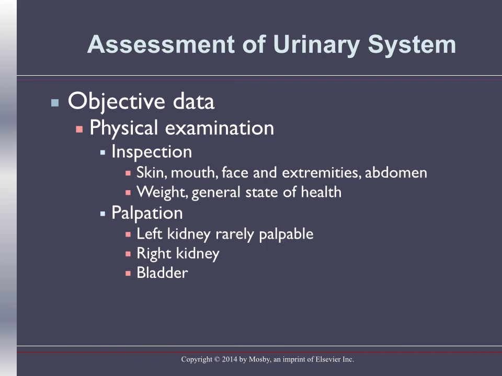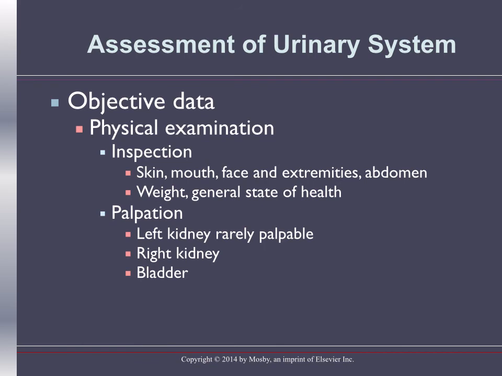Left kidney is rarely palpable. The kidneys are posterior organs protected by the abdominal organs, the ribs, and the heavy back muscles. A landmark useful in locating the kidneys is the costovertebral angle formed by the rib cage and the vertebral column.